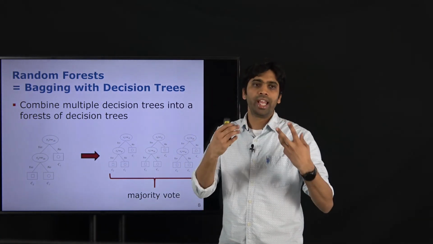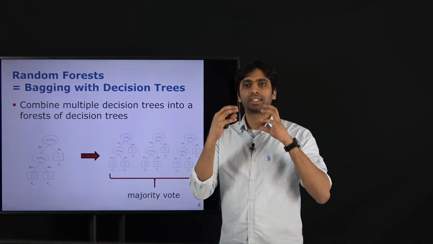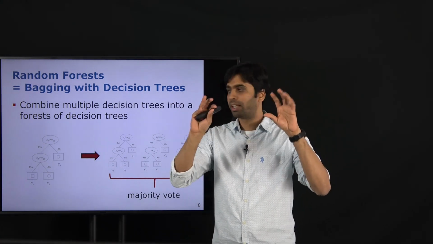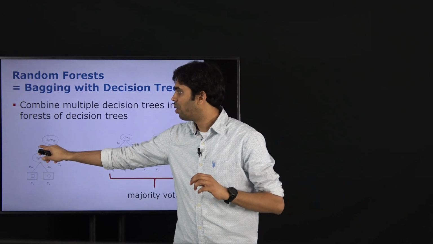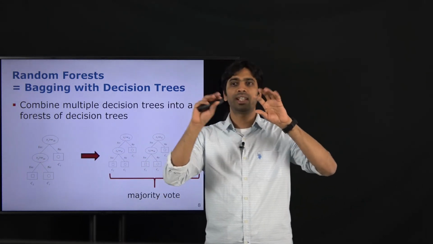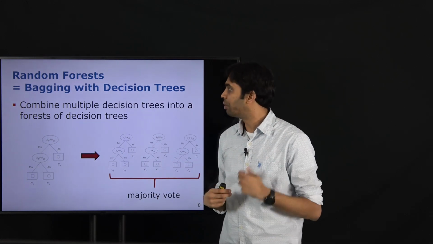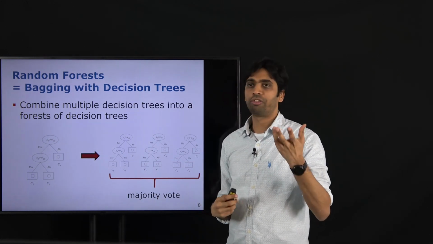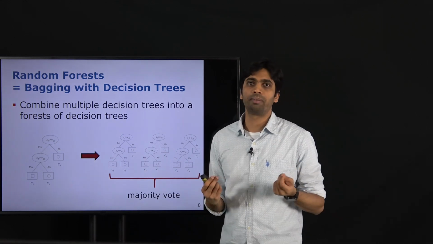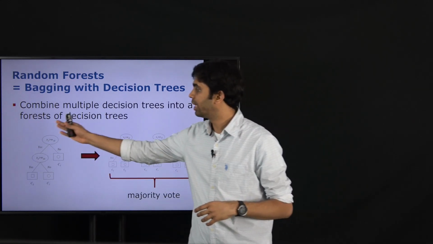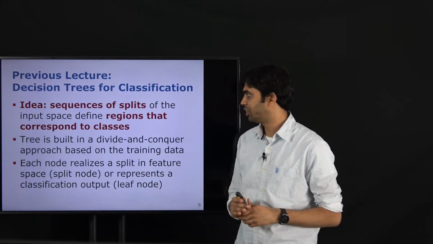And then the way you ask these questions is such that the training examples which fall into these two spaces, less than 10 and greater than 10, have a maximum separation. And if you remember, we had a couple of metrics to measure this. We had the entropy metric and the Gini index metric to do this. And this way you can actually come up with one decision tree.